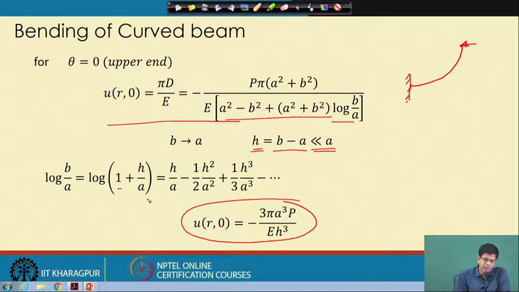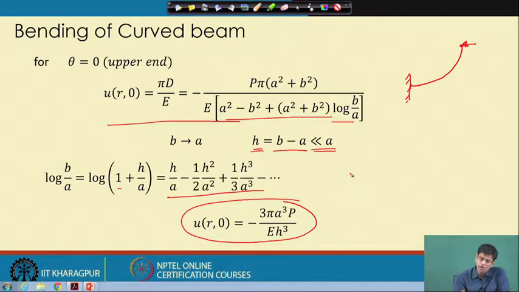And this can be expressed in series terms, which is this. Then we substitute this here, and after substitution, we neglect the higher order terms of h, that is h square or h cube in the top.